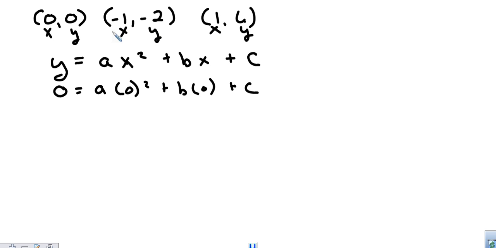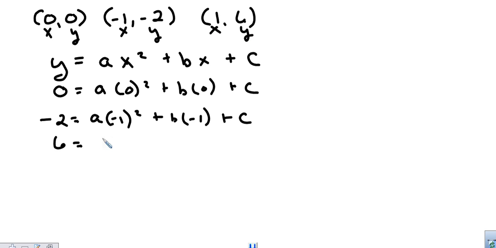So our next one, x is negative 1, y is negative 2. My equation would be negative 2 is equal to a times negative 1 squared plus b times negative 1 plus c. And my last one, x is 1, y is 6, would be 6 equals a times 1 squared plus b times 1 plus c.